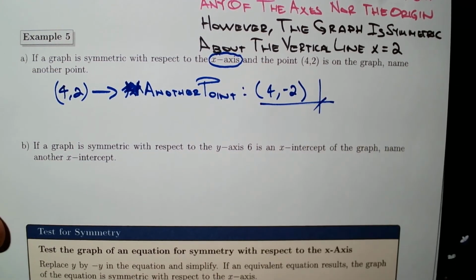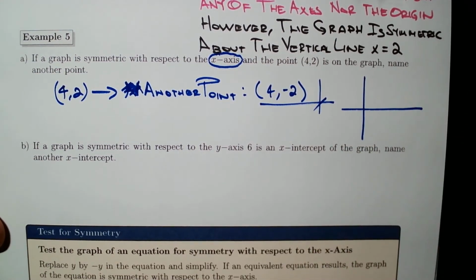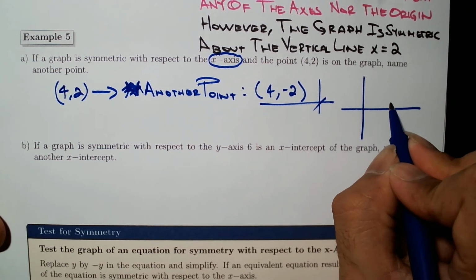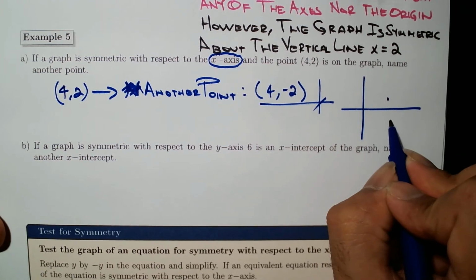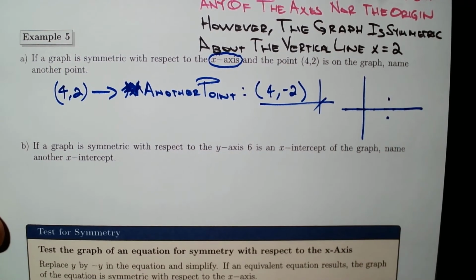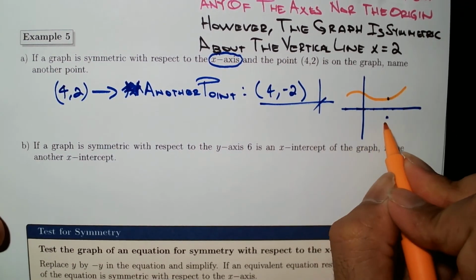Okay. If I have a graph that contains the point (4, 2), then (4, -2) is symmetric about the x-axis, regardless of the shape of the graph.